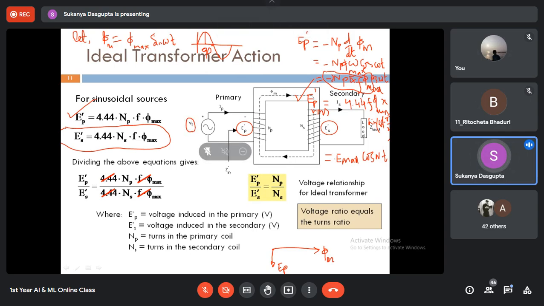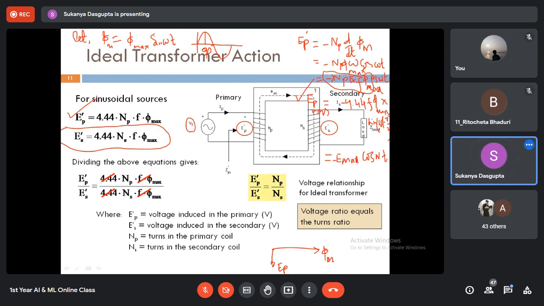And this negative sign indicates that the induced EMF EP will be opposing the cause of its production, that is VT. VT will always oppose EP and vice versa. The primary induced EMF will always oppose the supply voltage VT by Lenz's law.